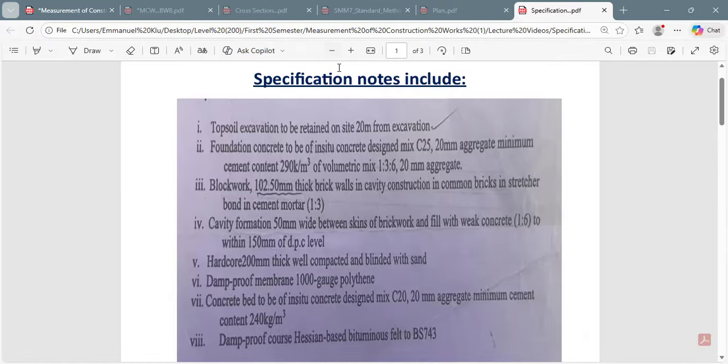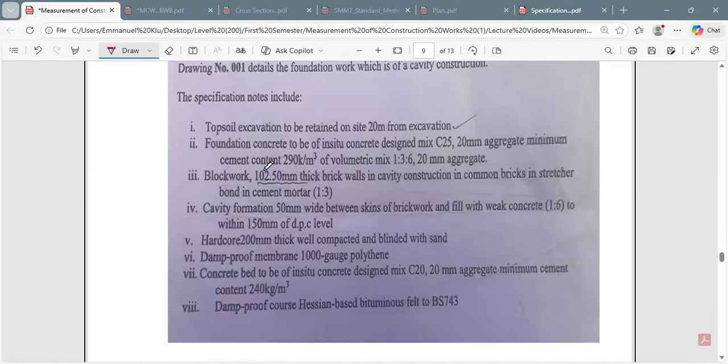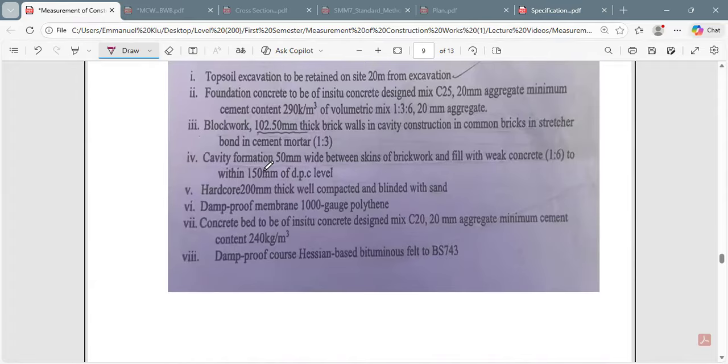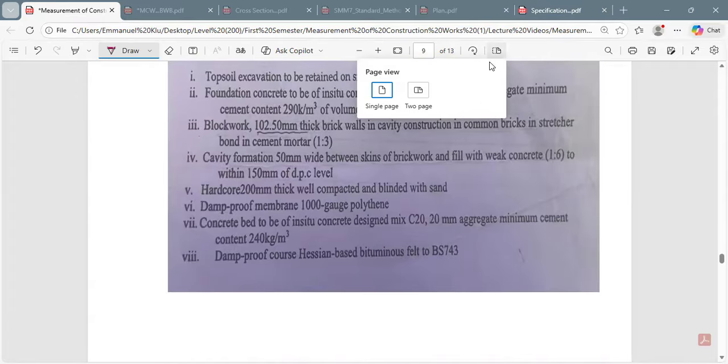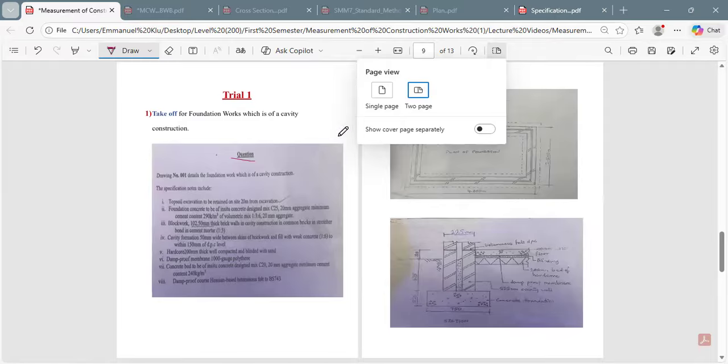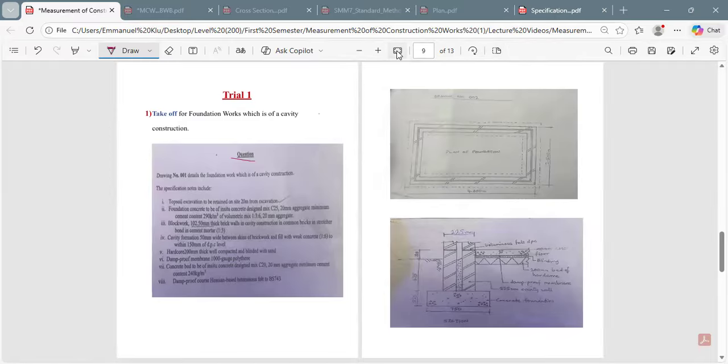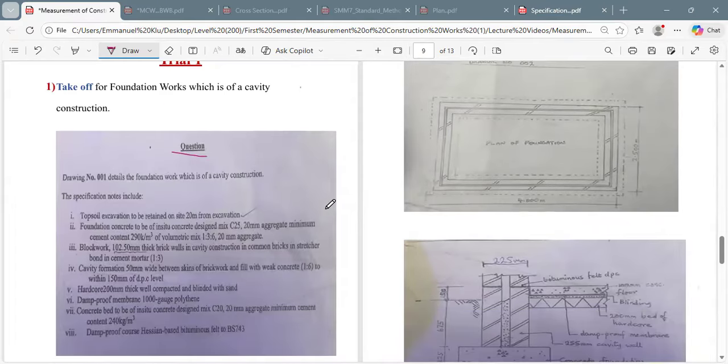Let me see if I can share two screens to make life much easier. Let's read the specification. You can zoom the screen so that you see it well.